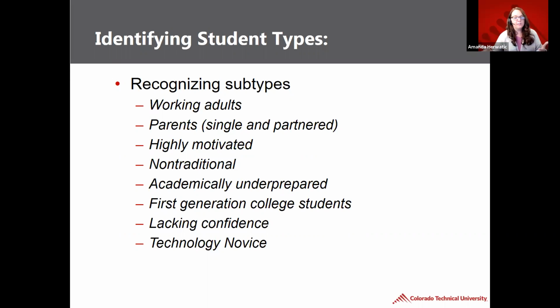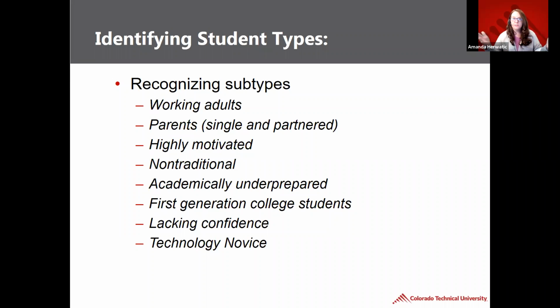When we're reading the classroom, what we have found is once we have the foundation in place, we can more easily recognize subtypes and adjust our strategies to fit those subtypes. What you see here on the screen before you is a list of some of the subtypes that we have found specifically within our first year experience classroom. We have students who are working adults, who are parents, juggling multiple roles within their lives in addition to being a student.